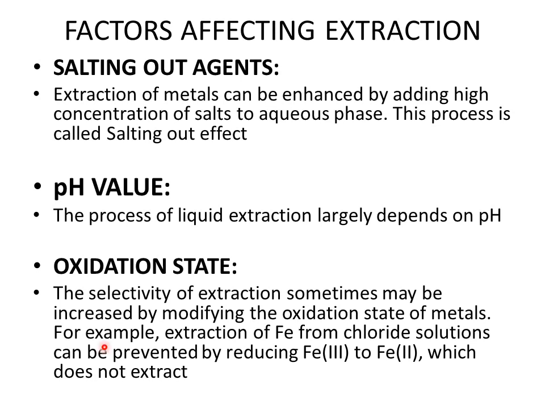For example, extraction of iron from chloride solutions can be prevented by reducing iron 3 into iron 2, which does not extract. Meaning if iron is converted into iron 2, it cannot be extracted. So if we want greater efficiency, greater extraction, we have to keep iron in the +3 state.